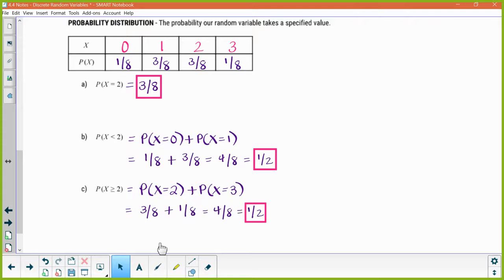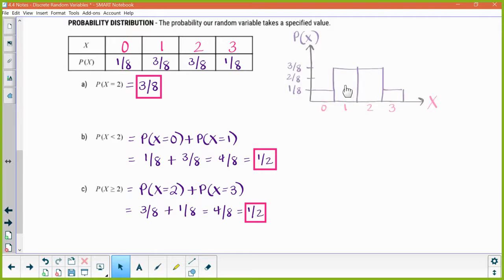Now, when you're dealing with probability distributions, you most likely will be dealing with a table. However, there are instances where they present this information to you via a histogram. So I went ahead and drew one up for this specific situation. Generally, you will have your x, your outcomes on the x-axis, and you will have the probabilities on the y-axis.